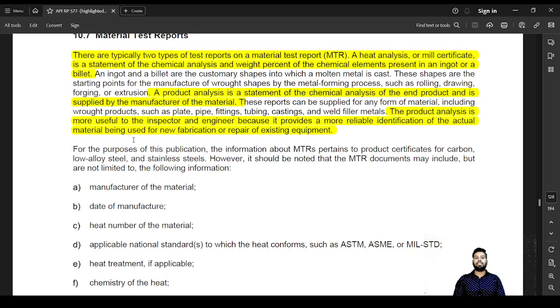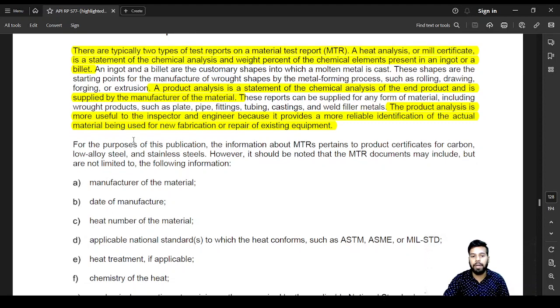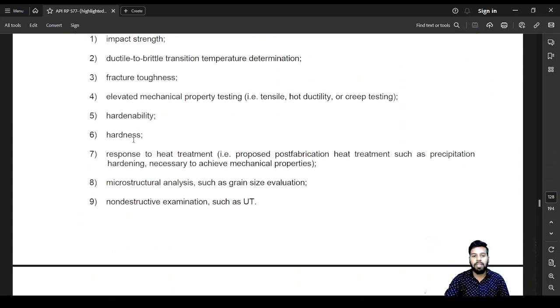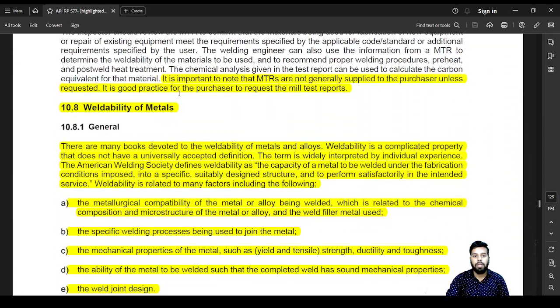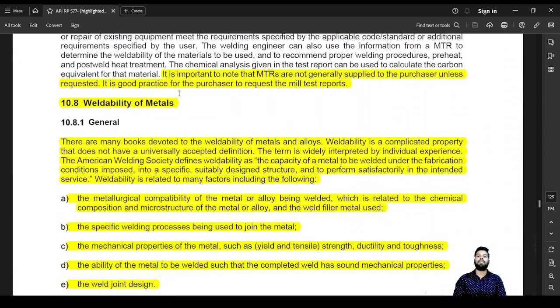The product analysis is most useful to the inspector and engineer because it provides more reliable identification of the actual material being used for new fabrication, repair or existing equipment. So these are some details that are available in the material test reports. It is important to note that the material test reports are not generally supplied to the purchaser unless requested. It is always a good practice for the purchaser to request the mill test reports.